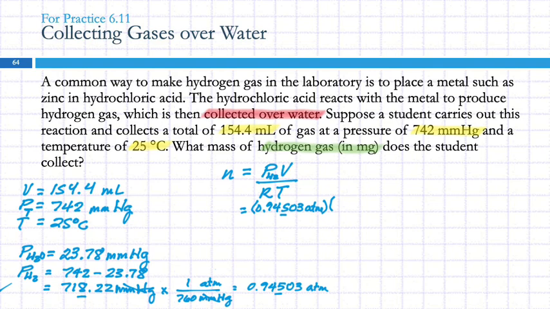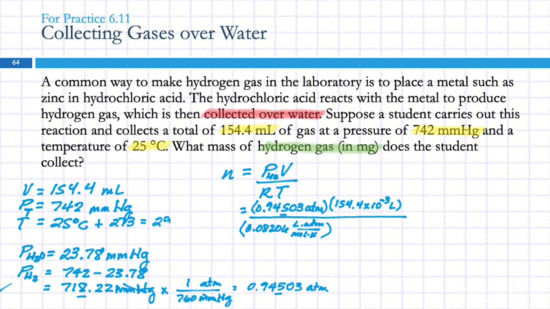Well, the volume's given in milliliters. 154.4. Milli stands for times 10 to the minus 3 liters. There's our gas constant. And then for the temperature, we need to convert that to kelvins. So 298 kelvins.